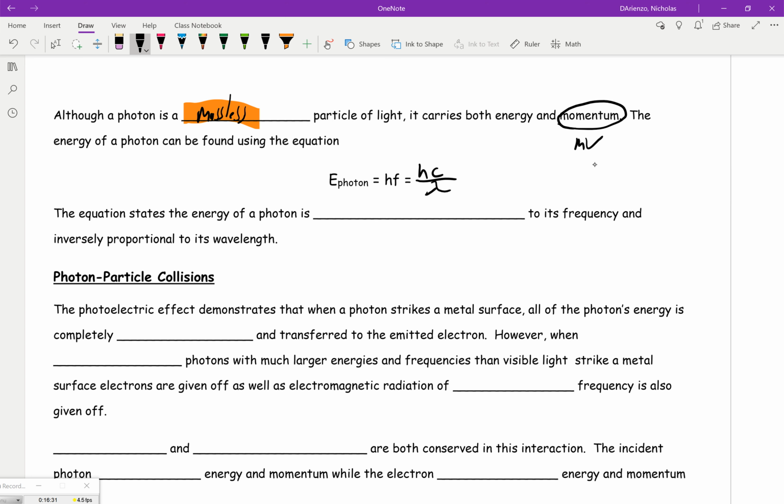This states that the energy of a photon is directly proportional to its frequency and inversely proportional to its wavelength. So if we have a long wavelength, we have lower energy. If we have a short wavelength, we have higher energy. Or if we have a high frequency, we have high energy, or a low frequency, we would have low energy.